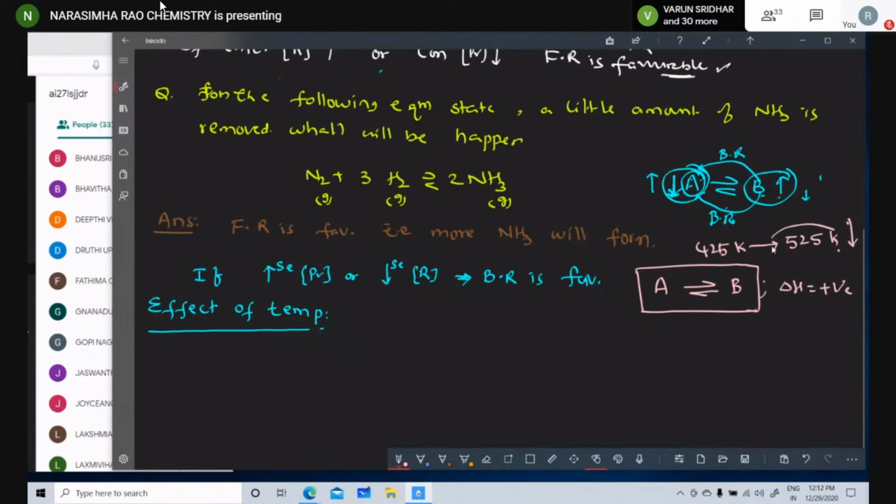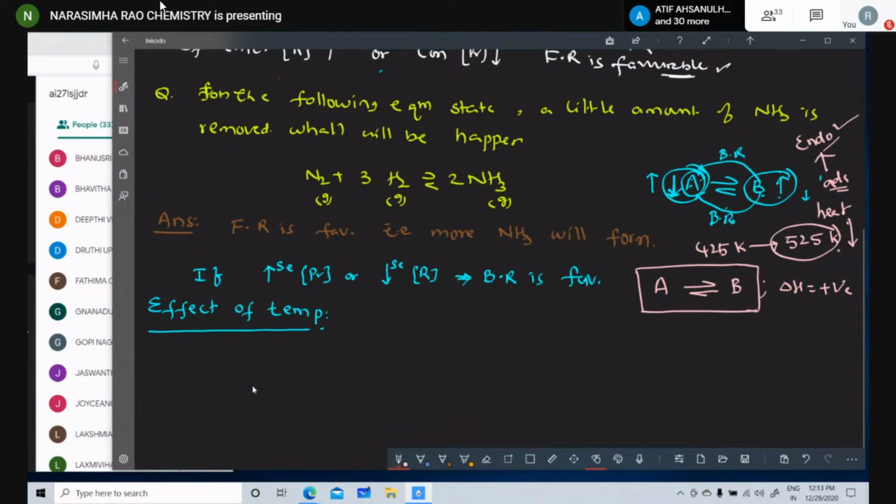Temperature decrease avvalante heat em avvali, absorb avvali. హీట్ అబ్జార్బ్ అవ్వాలి. హీట్ అబ్జార్బ్ అయ్యే రియాక్షన్స్ ఏమంటున్నాం మనం? ఎండోథర్మిక్ రియాక్షన్స్. మీన్స్ బై రైజింగ్ ద టెంపరేచర్ endothermic reactions are favorable. Simply at high temperature endothermic reactions are favorable. Right. I am writing the total concept.